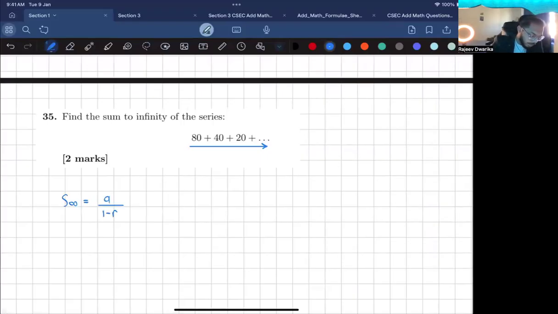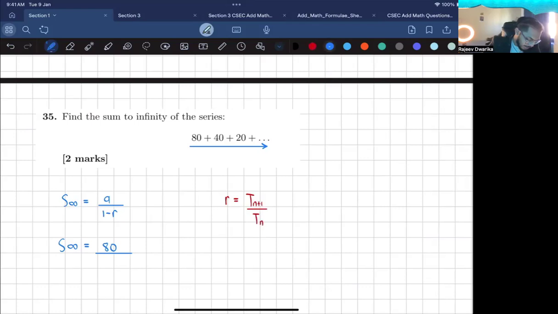Do I know what A is? It's the first term, should be 80. Do I know what R is? No. So I could find R. What would R be equal to? Tell me the formula first. Tn plus 1 over Tn. Right.